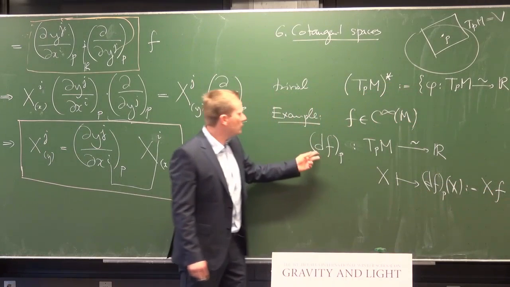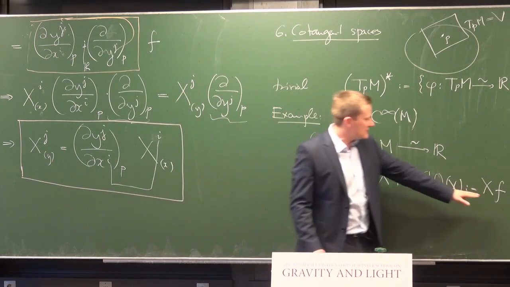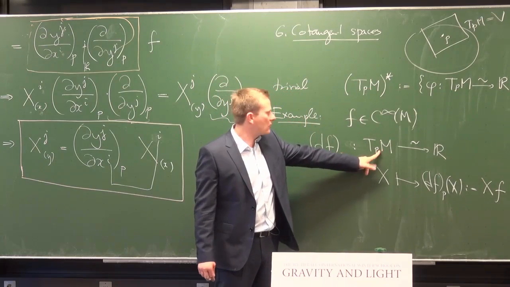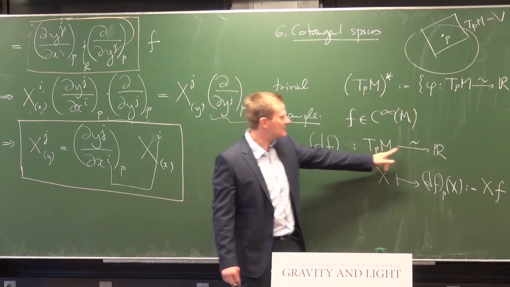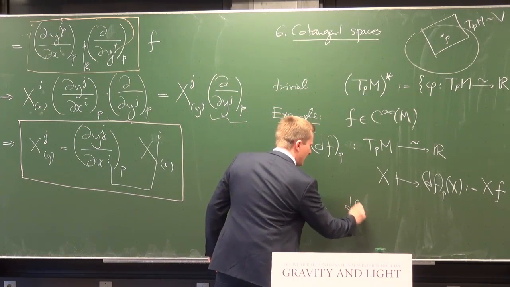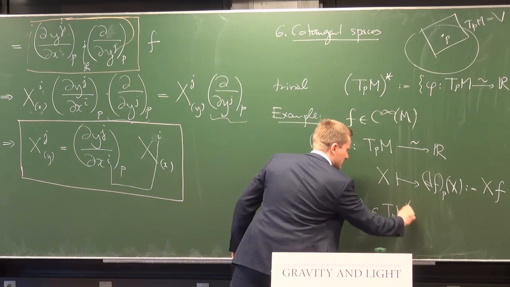So you say, okay, this we knew how to write down before, this directional derivative. Why on earth do you want to introduce this complicated notation? Well, we wrote this action of x on f this way as a linear map from the x space, the space where the x's are, to R. That means that this df at p is an element of the cotangent space.